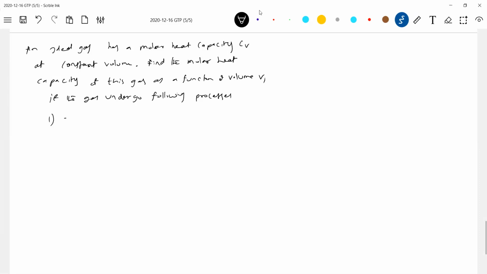And the first one, P equal to P naught, T equal to T naught e to the power alpha V. First case we'll discuss here.